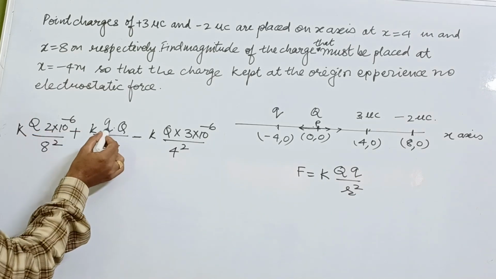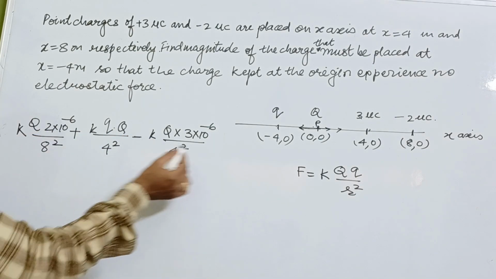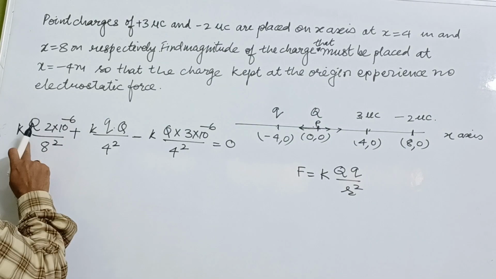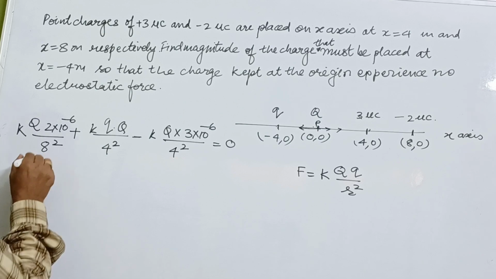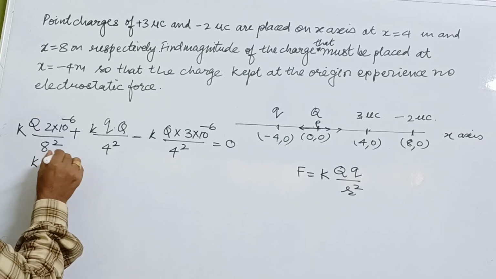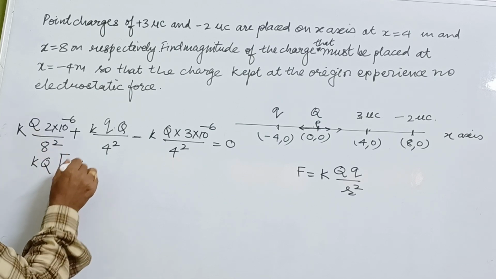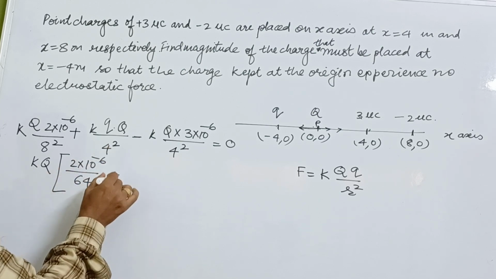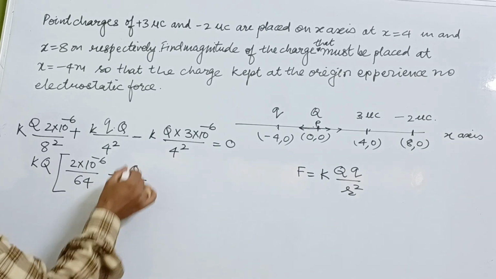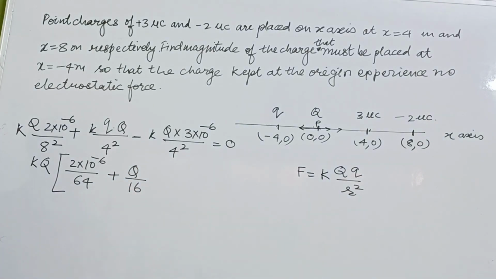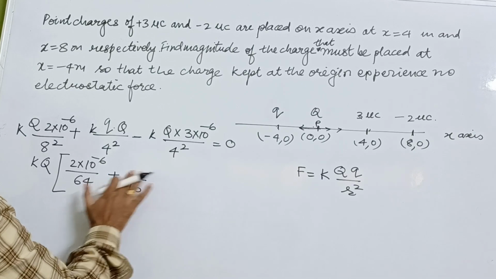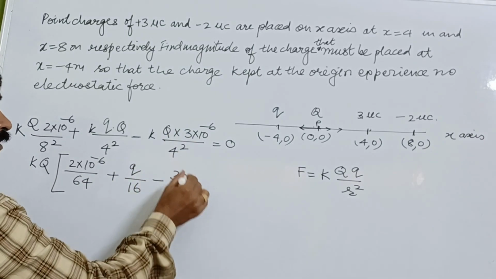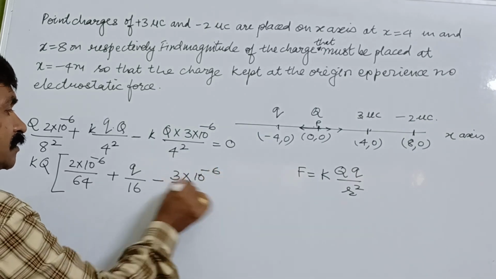Now we go through this, KQ, and we can take it equal to 0. So K times Q, we can write it like this: 2 into 10 raised to the power minus 6 upon 64, because it is Q upon 16, small q, and it is 3 into 10 raised to the power minus 6 upon 16.